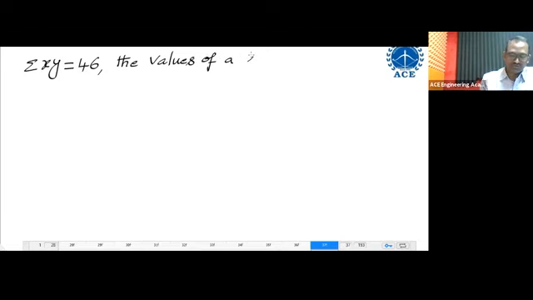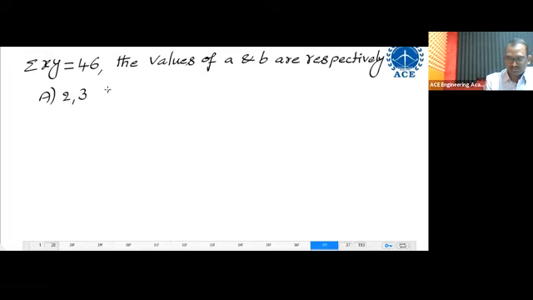The values of A and B are respectively: option A 2, 3, option B 1, 2, option C 2, 1, option D 3, 2.